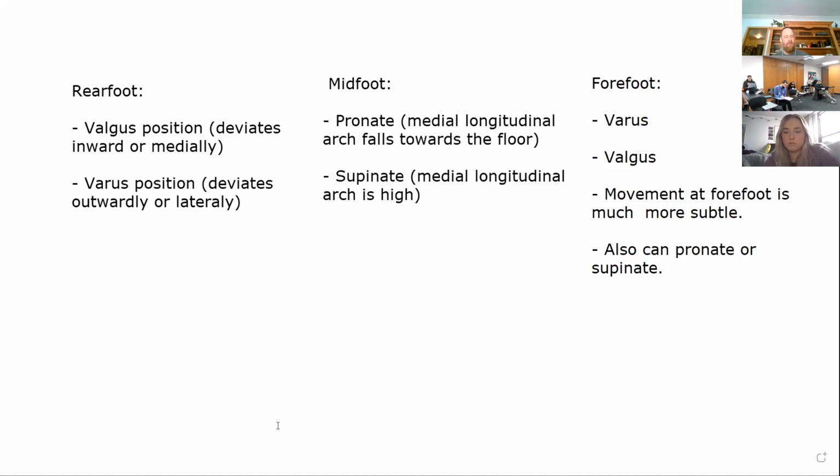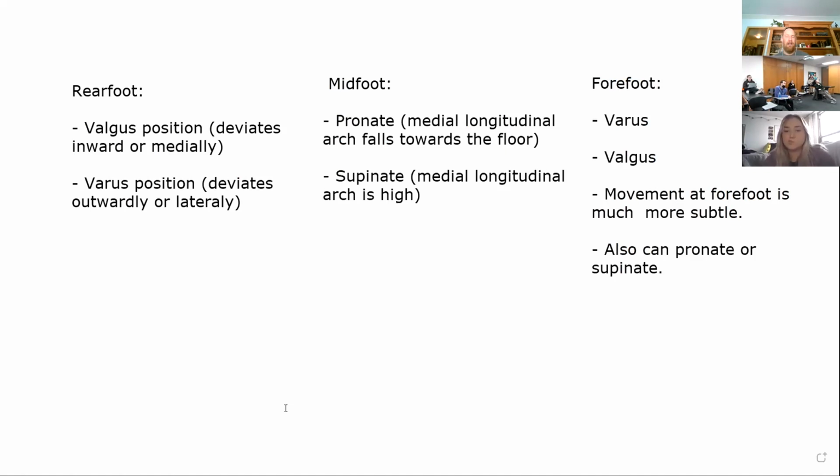Okay, let's review. How many bones do I have in the foot? 26. Okay. How many phalanges do I have? 14. Perfect. How many metatarsals do I have? 5. Okay.